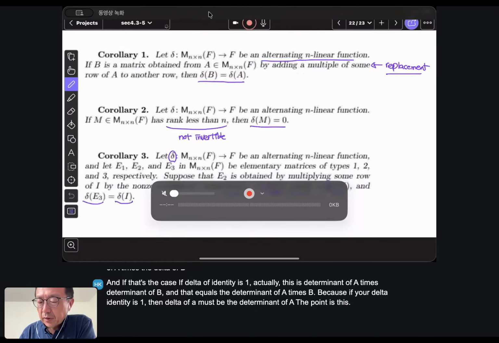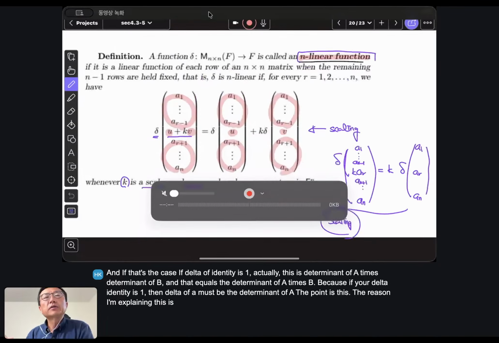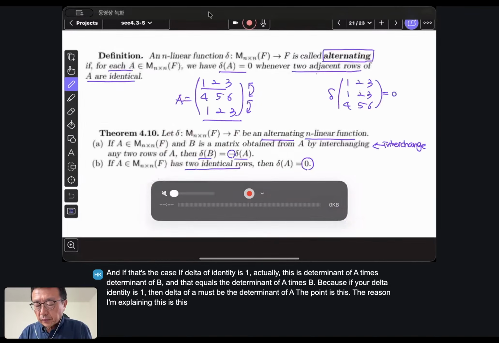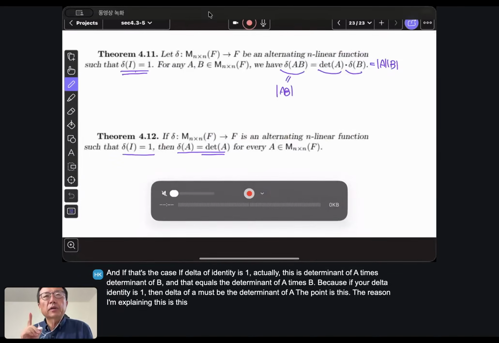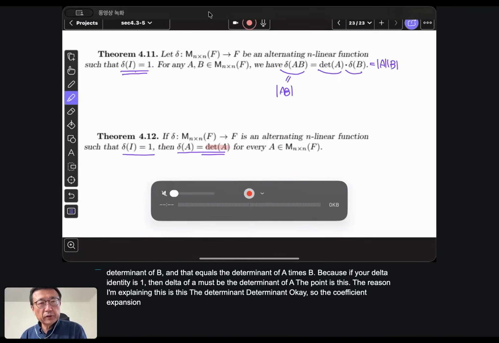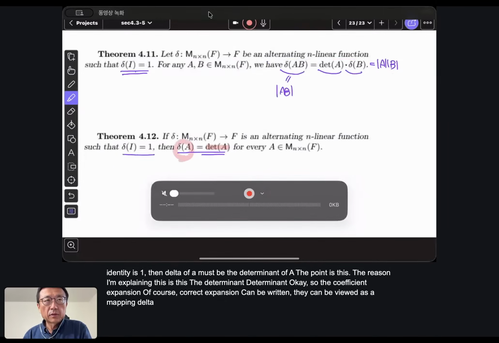The reason I'm explaining this is this. The determinant, okay? So the cofactor expansion can be viewed as a mapping delta, which is alternating and a linear function, and which maps the identity to 1.